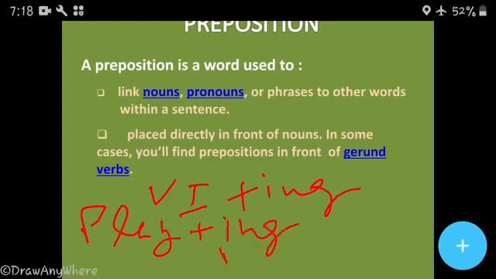It becomes playing. I say playing cards is a good source of entertainment. Here this word works as a noun. Here playing acts as a noun, so this is called a gerund verb.